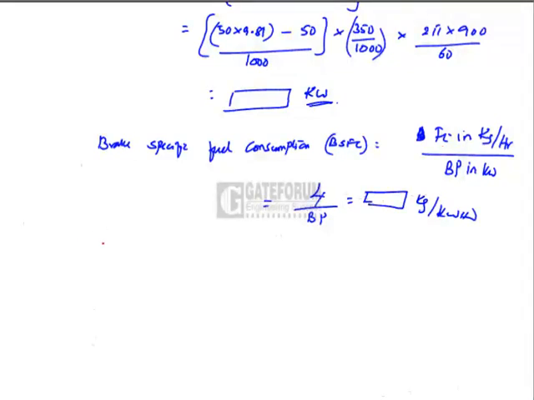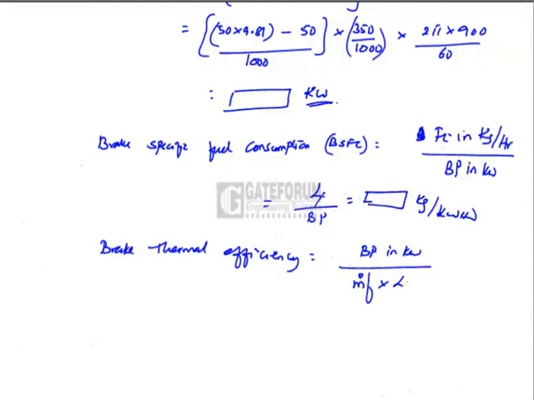Now let's calculate brake thermal efficiency as brake power in kilowatts divided by mass consumption rate of the fuel into LCV. Here m dot f should be in kg per second and LCV should be in kilojoule per kg.